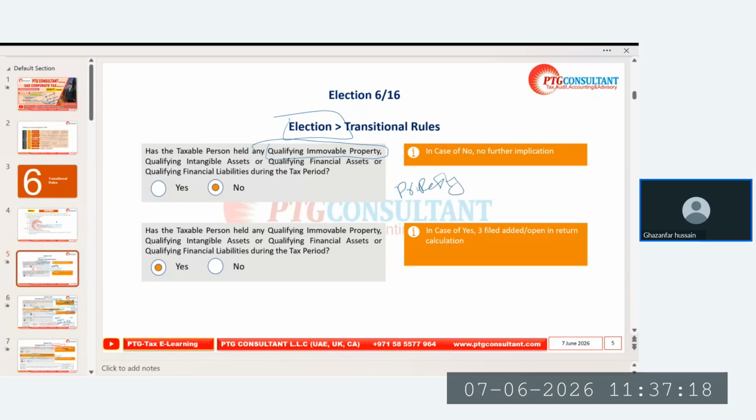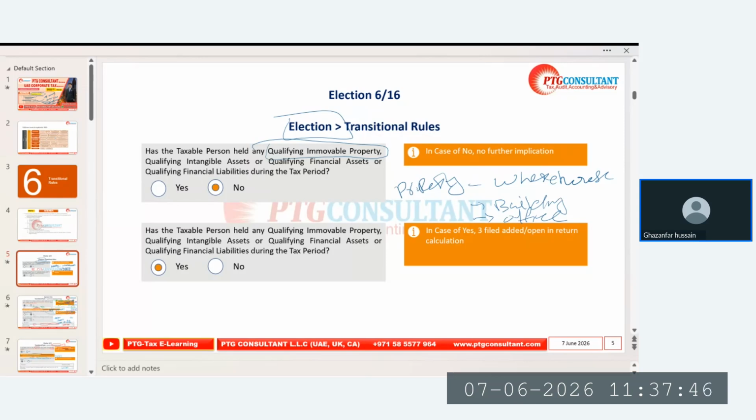Let's say they have a warehouse, or some building, maybe towers they have given on rental to earn rent. Maybe they have offices and earn rent from there. These are some of the examples.